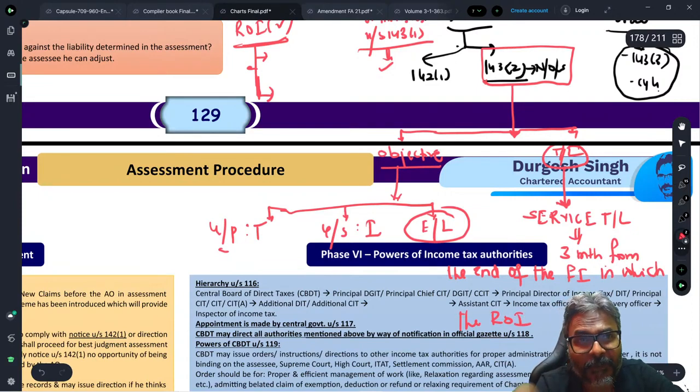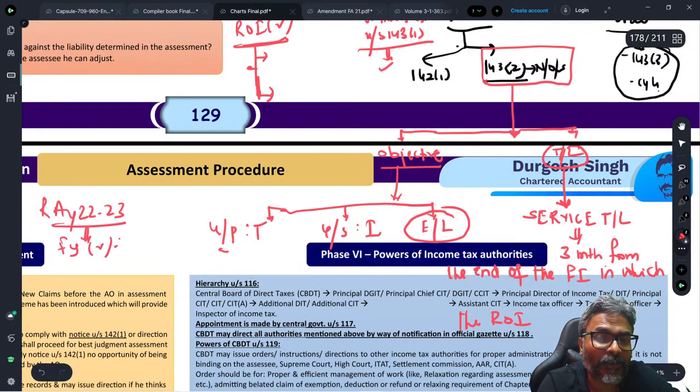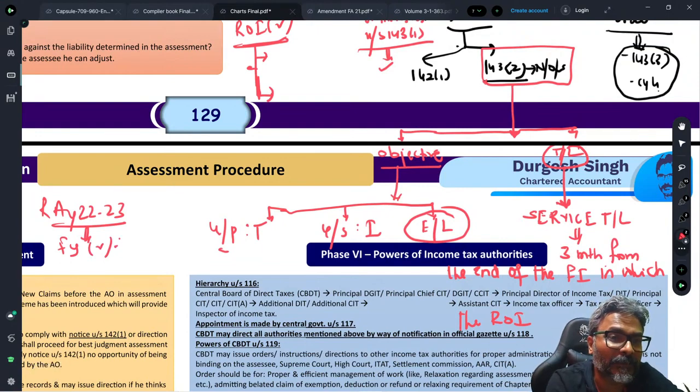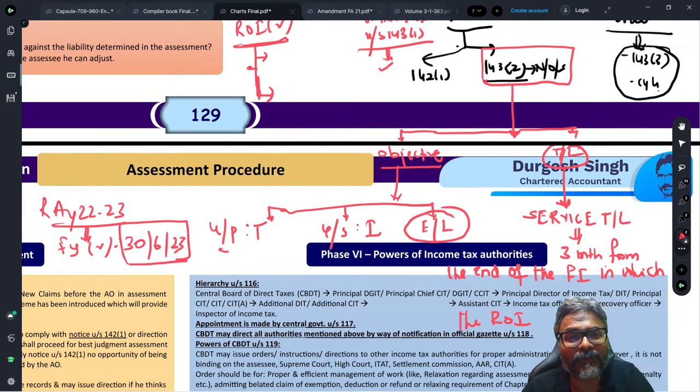So if your ROI is for the relevant assessment year 22-23, then the financial year would be the same, and therefore I can serve the notice of scrutiny. The latest date is 30th of June 2023. The last date of service of the notice of scrutiny will then be 30th of June 2023.